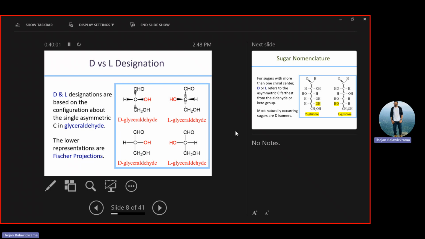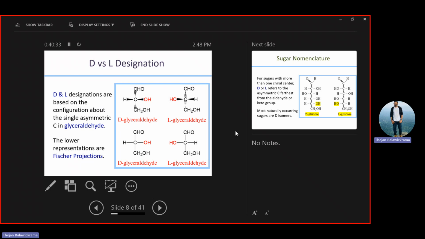That is the difference. If we extract one mirror image from a solution and direct plane polarized light, it will rotate the light either clockwise or anti-clockwise. If you take the pure other one, it will rotate the plane polarized light in the opposite direction.